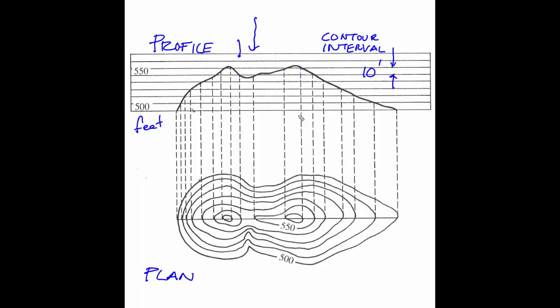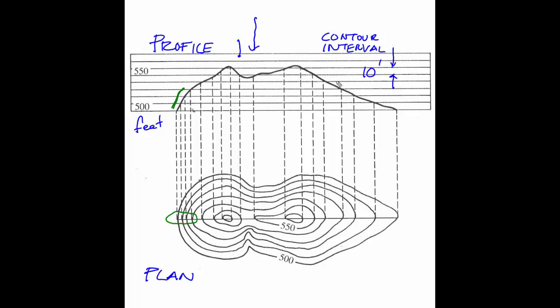Now, I want you to notice a few patterns in this topographic map. Over here on the left side of our hill, notice in this region marked with my green line that the land surface is steep. So notice carefully here that the contours are close together in that location.